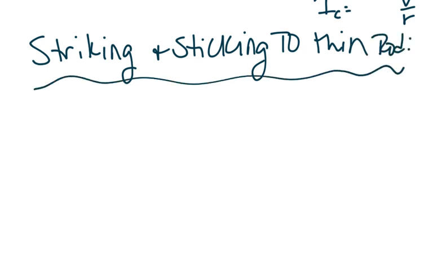Okay, so we have this little bar here that's hanging. It has a mass, and it has a length. So if we're talking about a bar, we're talking about length. I'll go into more of that in the video on deriving the rotational inertias.